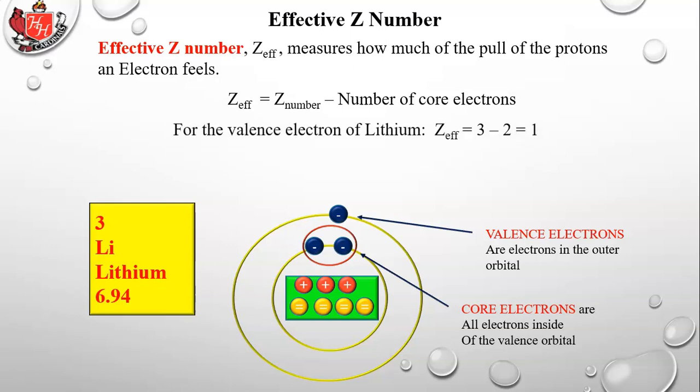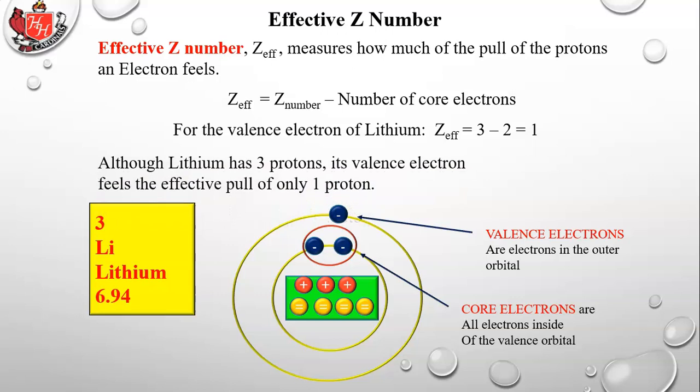So for the valence electron of lithium, the Z effective would be 3, the number of protons, the Z number, minus those 2 core electrons, which equals 1. So in other words, what that means is this. Although lithium has 3 protons pulling on its electrons, its valence electron feels the effective pull of only 1 proton.